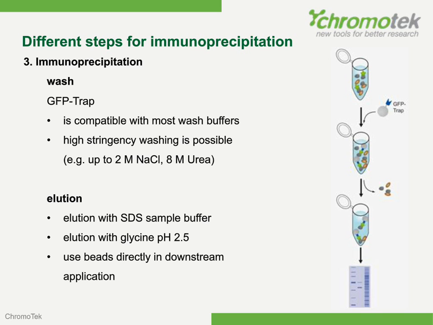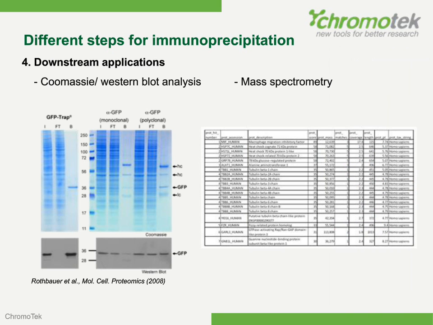So finally, I will show you a couple of slides of possible downstream applications using the GFP-trap. So probably the easiest and fastest downstream application is the analysis of your IP by Western blot and Coomassie. In this experiment, a pull-down of GFP was compared, using the GFP-trap or conventional antibodies against GFP.